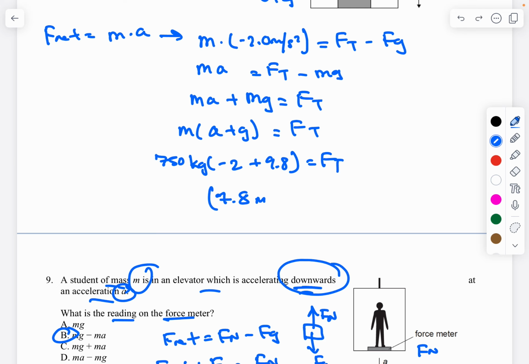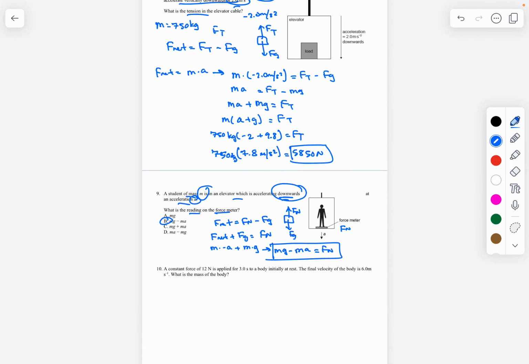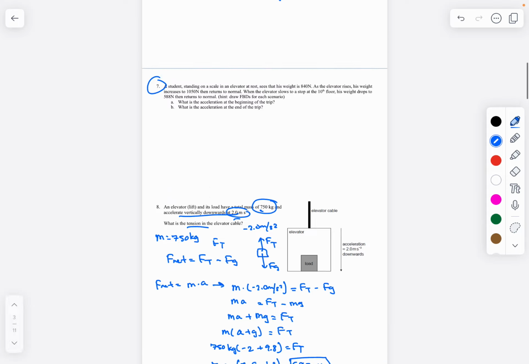Okay, I'm actually gonna put the unit here. Times 750 kilograms. Our Ft is about, let me put this in a calculator. 750 times 7.8. The answer is 5,850 newtons.